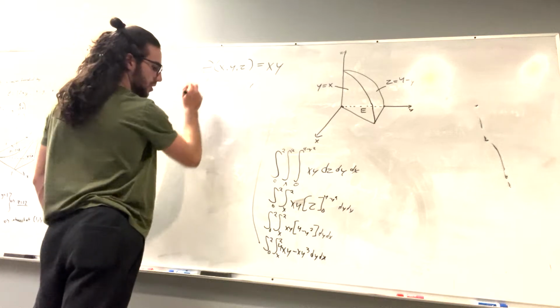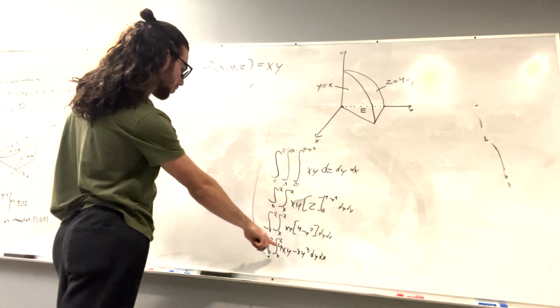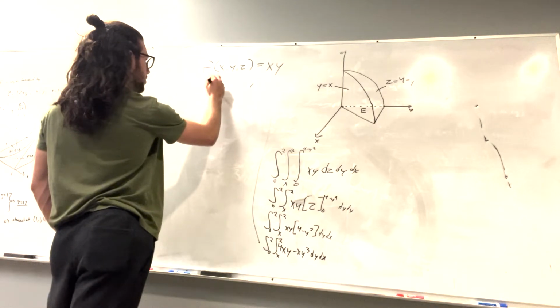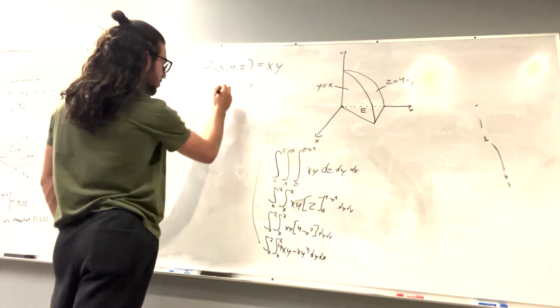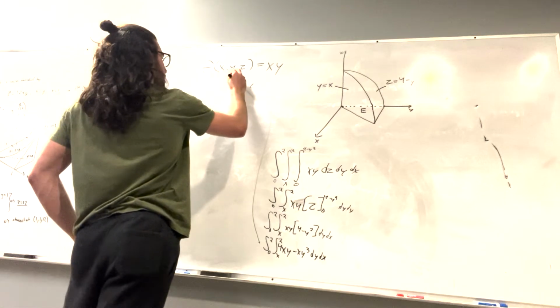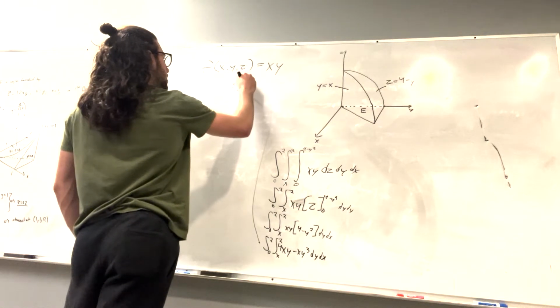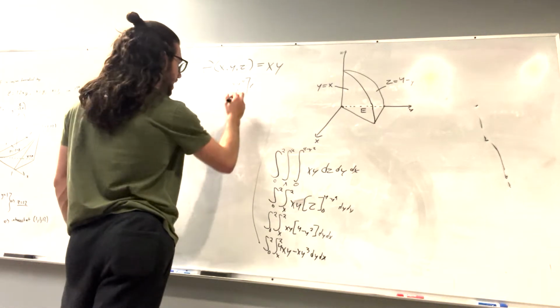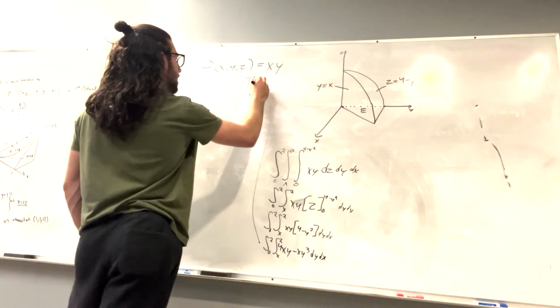So we have 0 to 2. Integrating with respect to y, 4xy becomes 2xy squared, minus xy to the fourth over 4, from x to 2, dx.